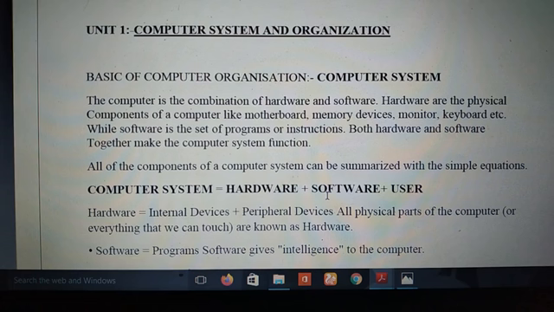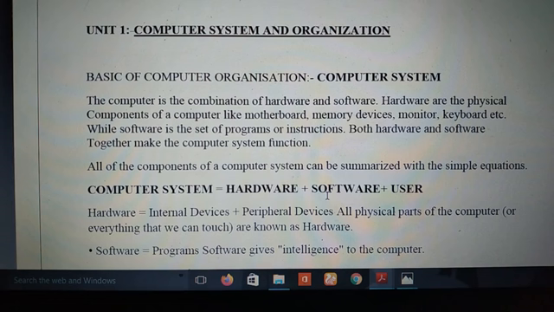So basically, a computer system is the combination of hardware and software. Hardware is the physical component of a computer, like a keyboard, which can be touched, and software is a set of programs or instructions.